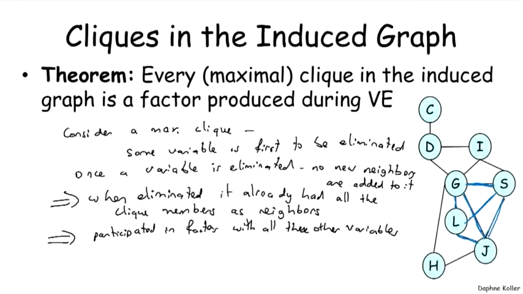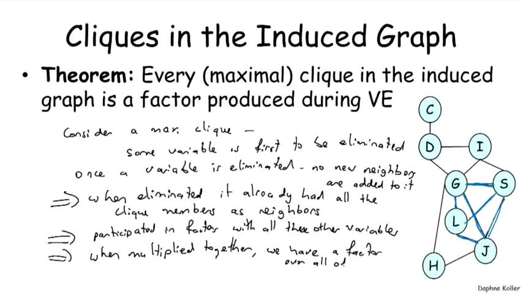And that means that when I multiply them all together, we're going to end up with a factor over all of them. And that is a proof that every maximal clique in the induced graph must correspond to a factor produced during the variable elimination algorithm.